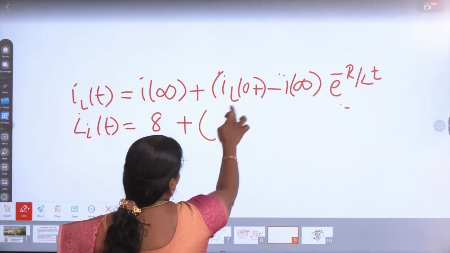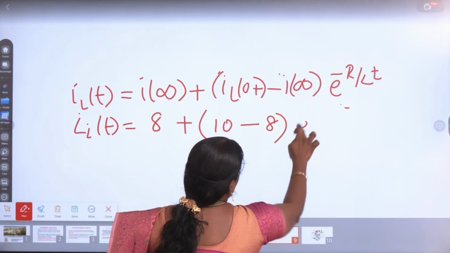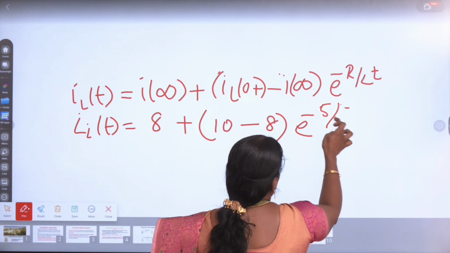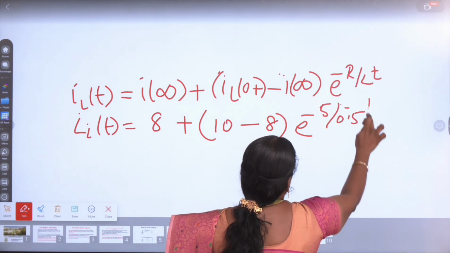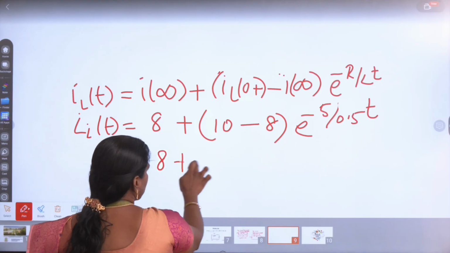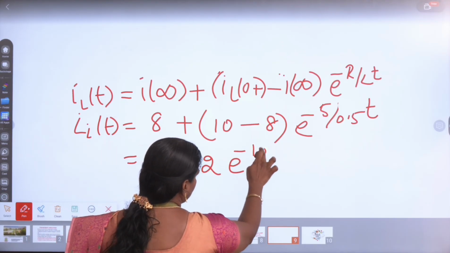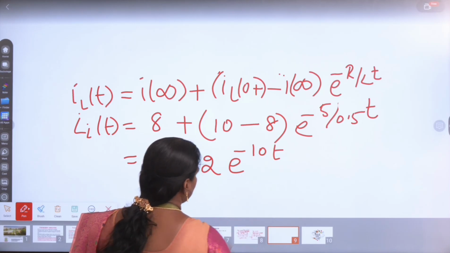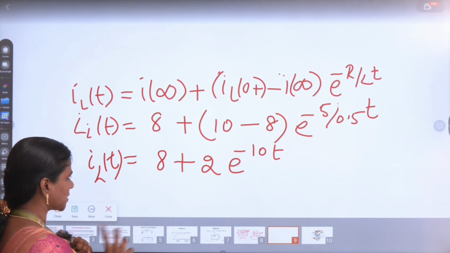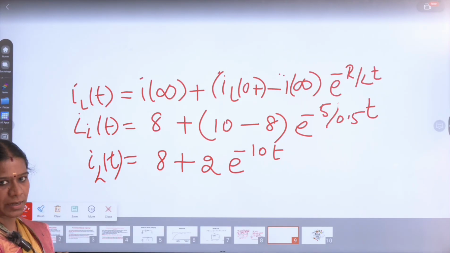IL of 0 plus is 10 and I of infinity is 8, e power minus R by L, R value is 5 and L value is 0.5, into t. So here we get 8 plus 10 minus 8, which is 2, e power minus 5 by 0.5, which is 10, so e power minus 10t. So the current passing through the inductor is given by 8 plus 2 e power minus 10 into t.